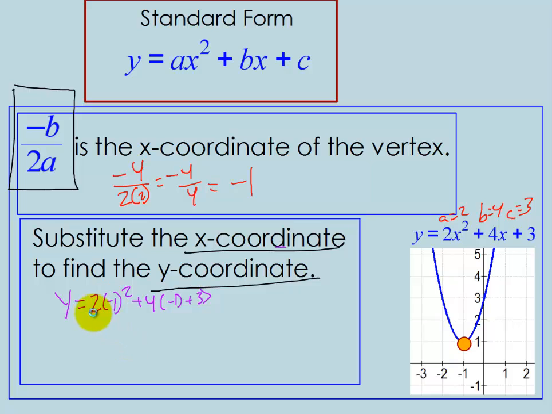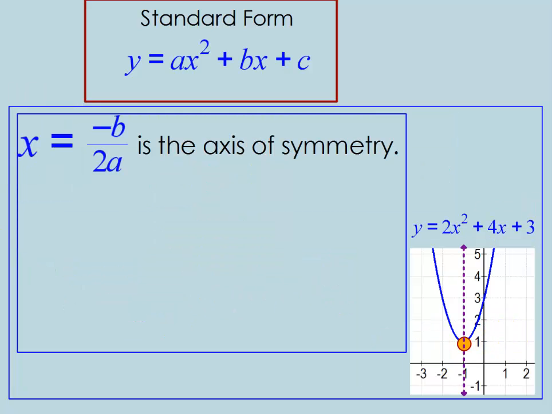Negative 1 squared is going to be 1, so 2 times 1 minus 4 plus 3, which is 2 minus 4 plus 3. And that's going to combine to positive 1. So my x value is negative 1, y value is 1, so it's negative 1, 1, and that's the coordinate at that point right there. Negative 1, positive 1. So you have to do a little bit of work.